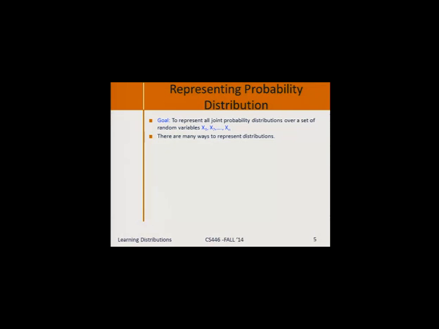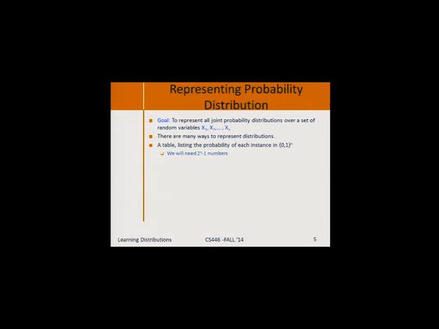So it's not surprising that there are many, many ways to represent a probability distribution. The simplest one would be just to write a table, right? Let's assume you have a probability distribution over the Boolean cube, let's say of dimensionality 5. So there are 32 different entries. You can write 32 different numbers that sum to 1, and you have a probability distribution over it.